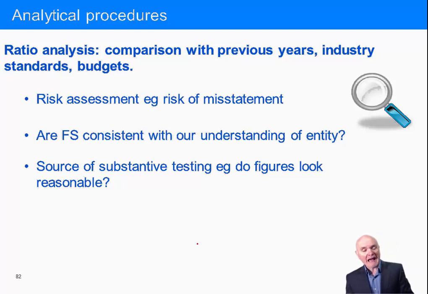Okay, what's meant by analytical procedures? I've said it is ratios, I've said it is comparisons. The common type of ratio analysis is to compare with previous years. You can also compare to budgets. You can also compare sometimes to industry standards if you can get those. So what we're saying here is, for example, last year the gross profit percentage was 30%, this year it's 50%.